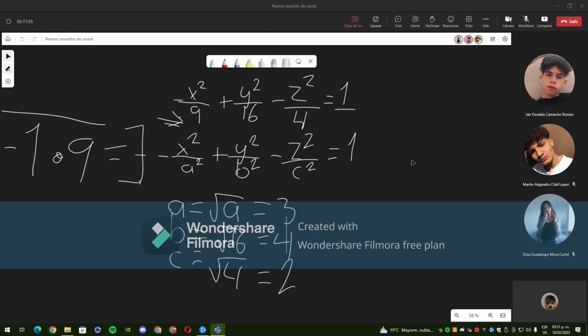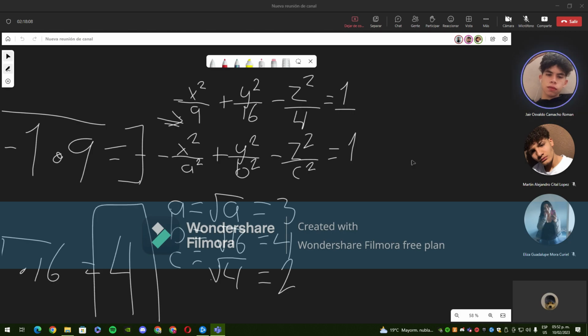In the case of y, which is a positive variable, it is y squared over 16 equal 1, so the square root of 1 multiplied by 16 is 4.